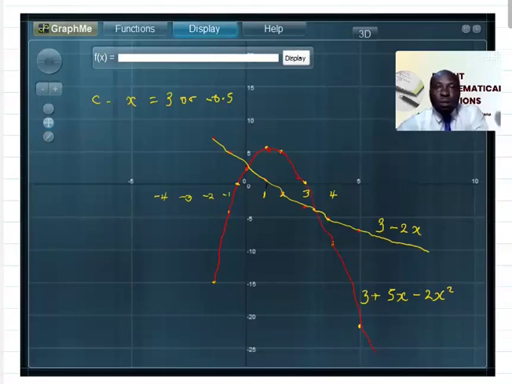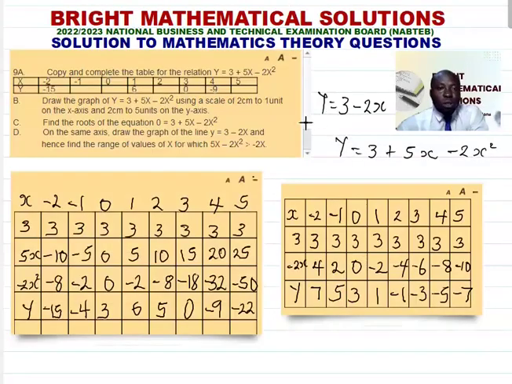Now let us go to the next question. It says on the same axis, draw the graph of the line y equals 3x. We'll draw that. Hence, find the range of values of x for which 5x minus 2x squared is greater than minus 2x.